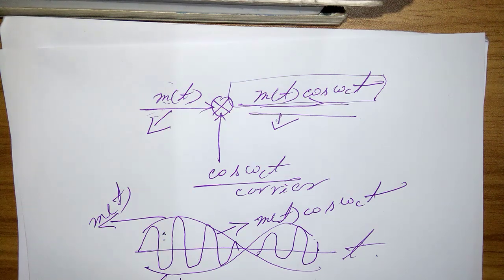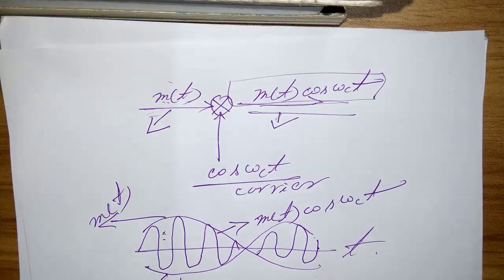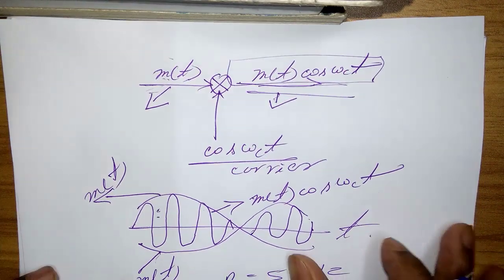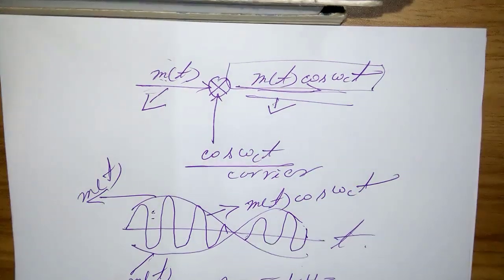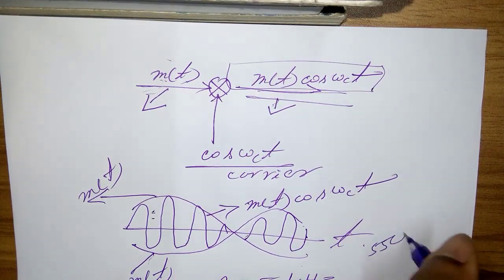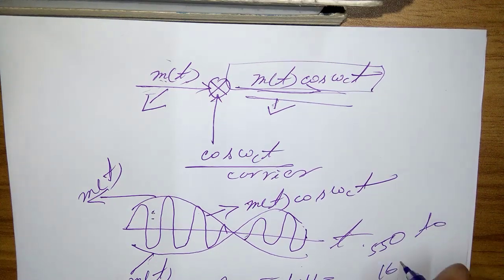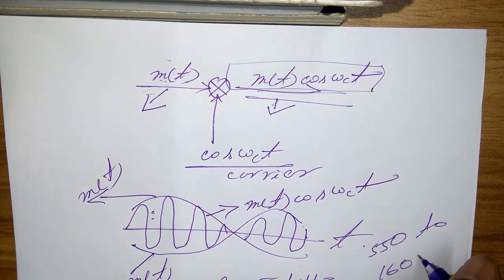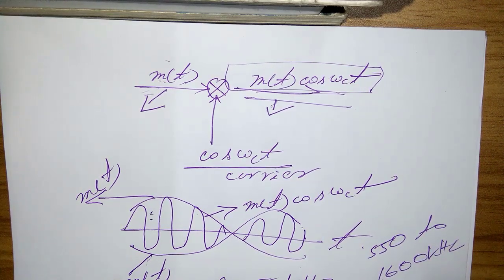For example, broadcast band AM radio uses B equal to 5 kilohertz, and the band of 550 to 1600 kilohertz for the carrier frequency.